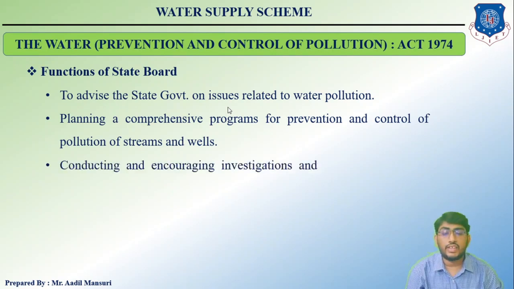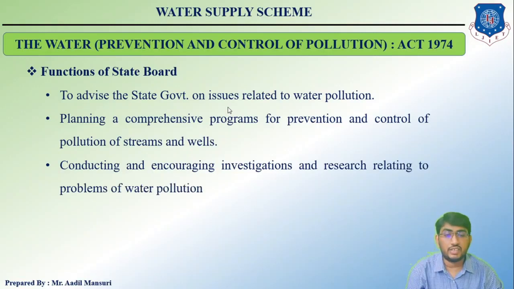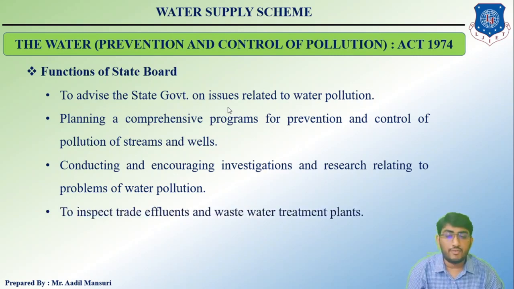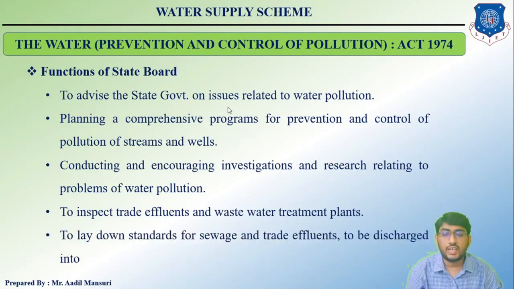Then conducting and encouraging investigations and research related to problems of water pollution, which are almost the same functions as the central board, right? Then to inspect trade effluent and wastewater treatment plants, and to lay down standards for sewage and trade effluents to be discharged into rivers.